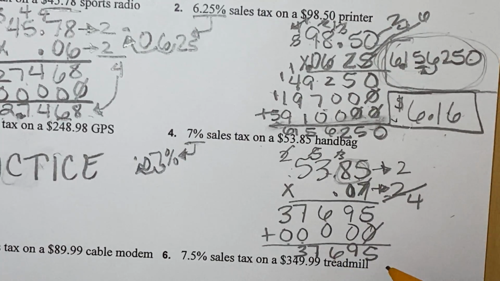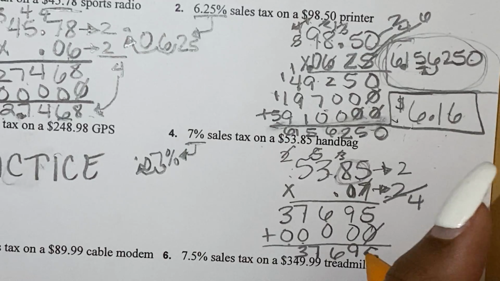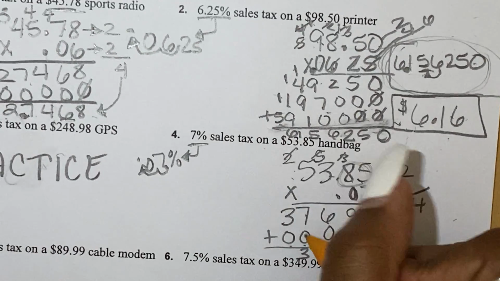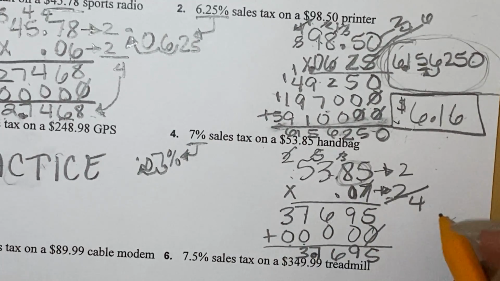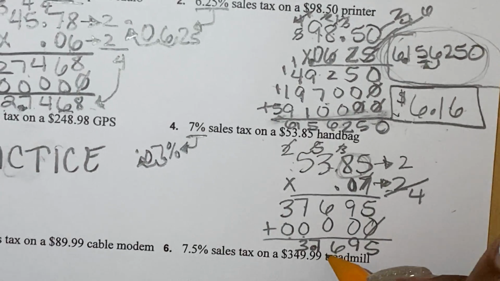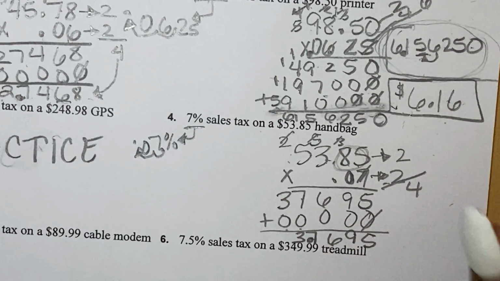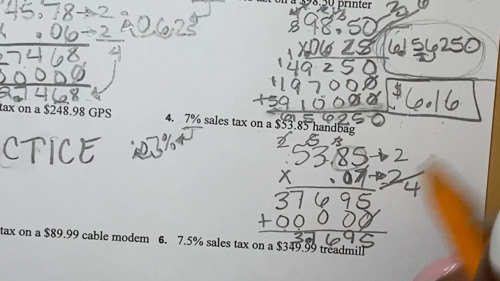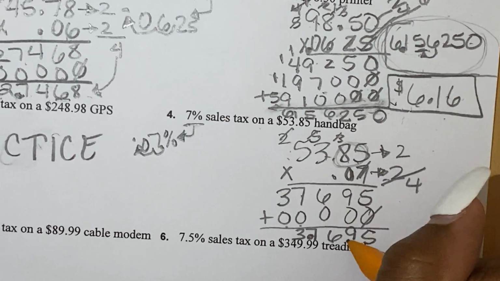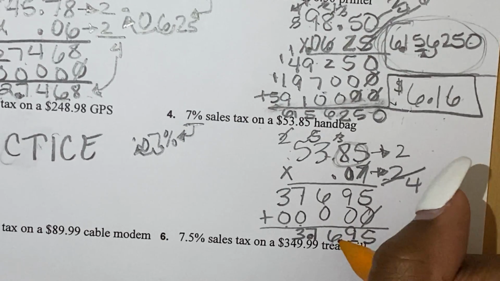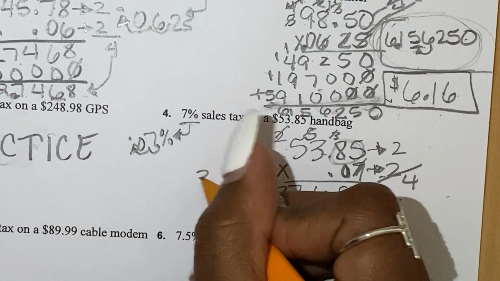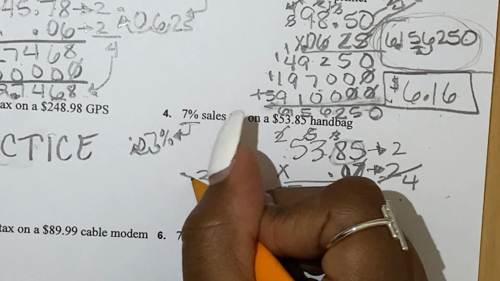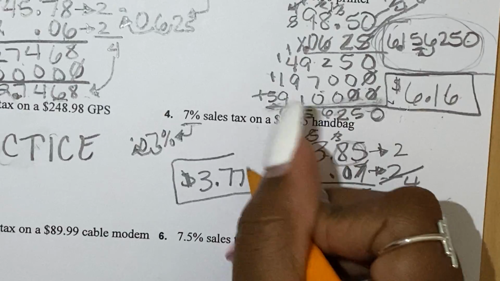I need 4 numbers behind the decimal in my answer. 1, 2, 3, 4. Think in terms of money. I cannot have 7,695 cents. So we need to think in terms of 2 place values. The 9 raises the 6 up. $3.77 would be the sales tax.